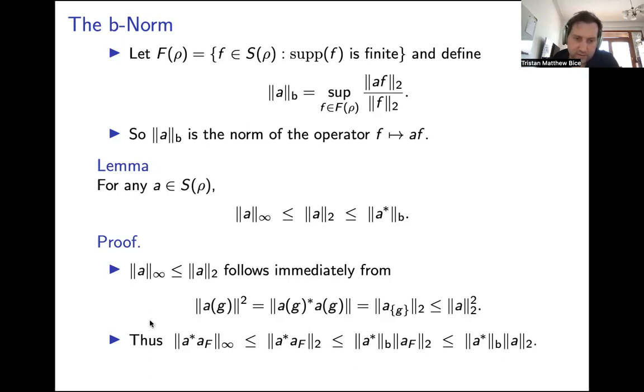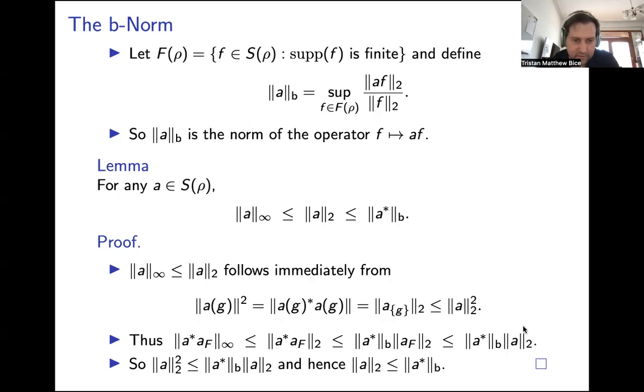So in the end, if I take the supremum over all these f's, this is exactly the 2 norm of a squared. So if the 2 norm of a squared is below the B norm of a star times the 2 norm of a, well then dividing by the 2 norm of a gives me exactly what I want. The 2 norm of a is below the B norm of a star. Okay, so that's hopefully clear.